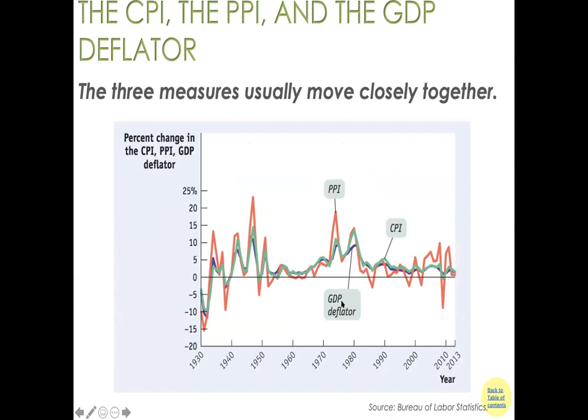How do we understand this? For example, there's an increase here, and you can see this purple line, the GDP deflator, increases the least. But the producer price index increases the most. Why? It's because for the GDP deflator, we have a bigger market basket. So if there's a price change, it's going to be relatively stable.